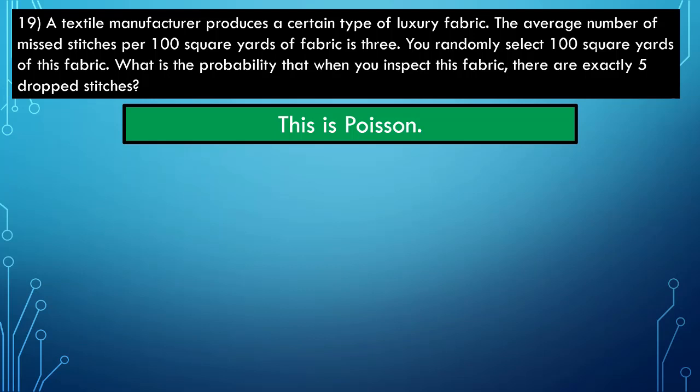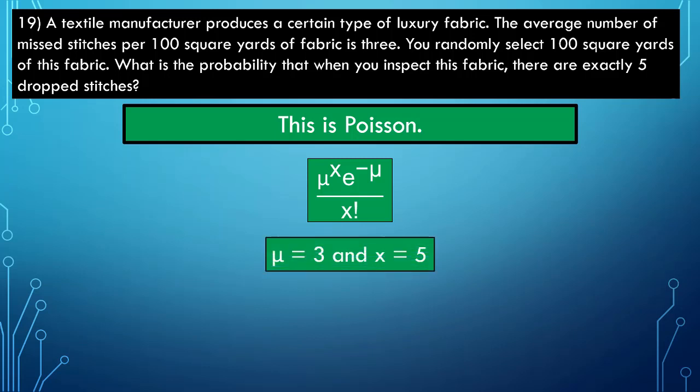We need to identify our mu and our x. Mu is the average that we're told, and x is the number that we're interested in finding the probability for. So in this case, mu is going to be 3, and x is going to be 5. So we use our Poisson probability formula, mu to the x, e to the negative mu over x factorial, where mu is 3 and x is 5.